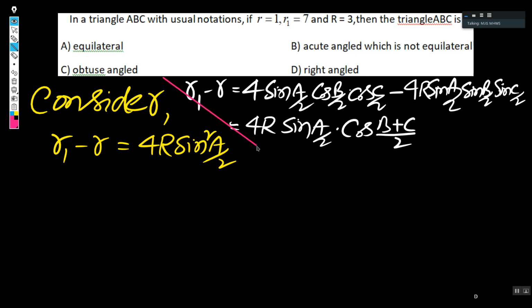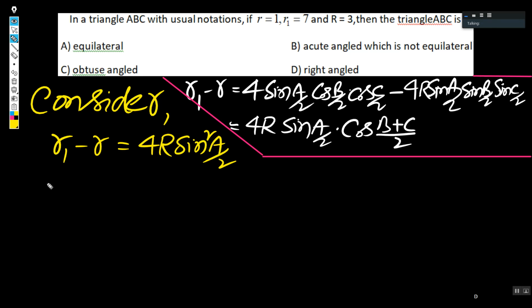Sine A by 2 into sine A by 2, sine square A by 2. So you can make use of this. r1 minus r is nothing but 4R sine square A by 2. Now substitute the values.